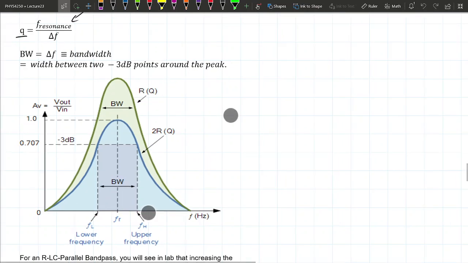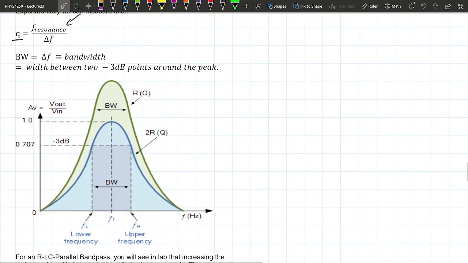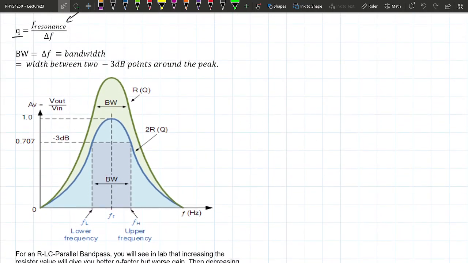You're going to be able to measure this in the lab. You built your little circuit, and what you're going to do is change the frequency from your function generator until you get the highest gain, approximately 1. You're not going to get exactly 1, because in real life you don't.